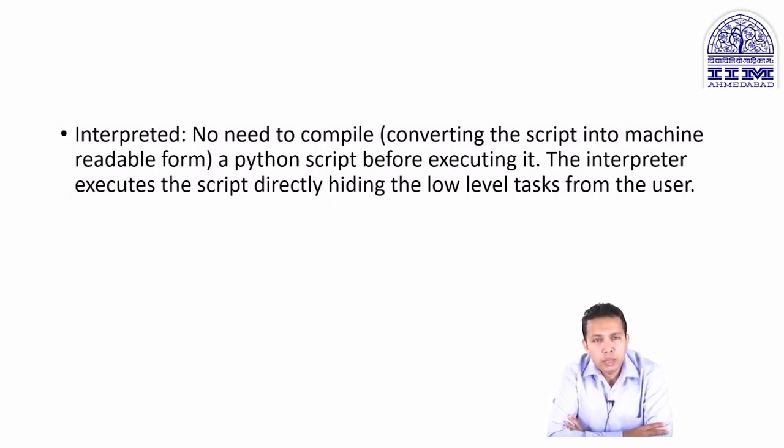However, in Python, as soon as you write a particular statement, the interpreter interprets it and it is immediately executed. Therefore, if you write a set of statements, the interpreter goes through one statement at a time and goes on executing it. So, there is no compilation activity that goes on in Python.